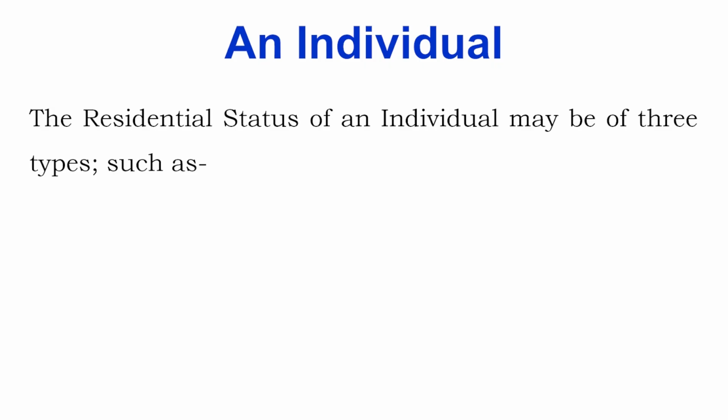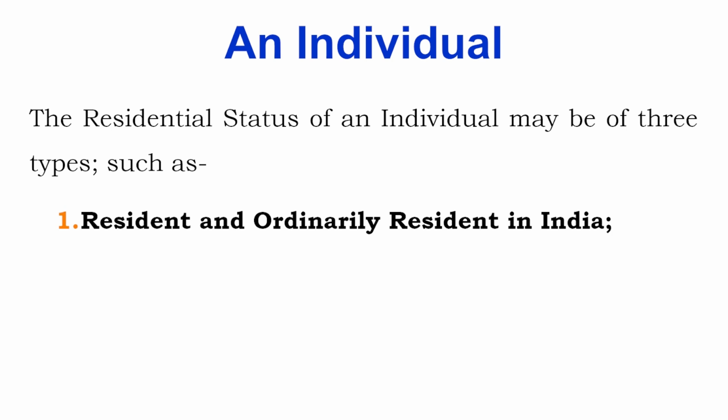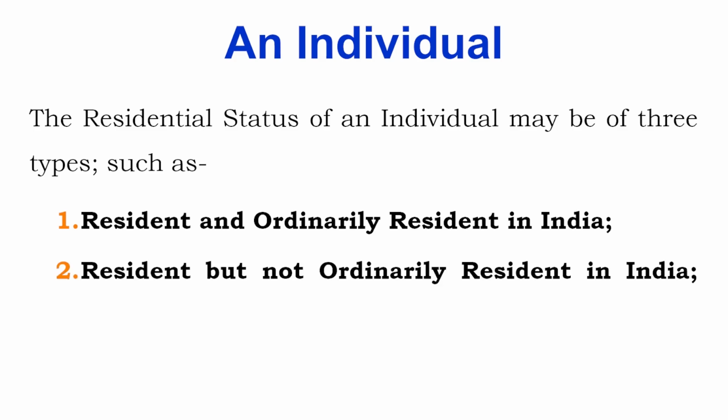Now let's see an individual. The residential status of an individual may be of three types, such as: Number 1, resident and ordinarily resident in India. Number 2, resident but not ordinarily resident in India, and Number 3, non-resident.